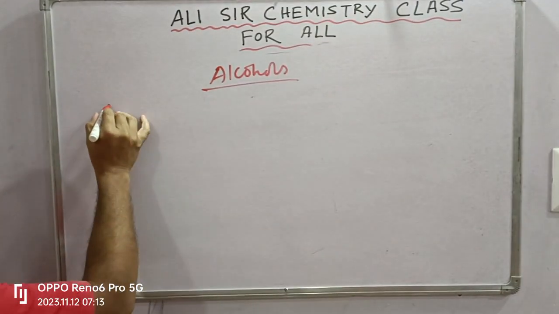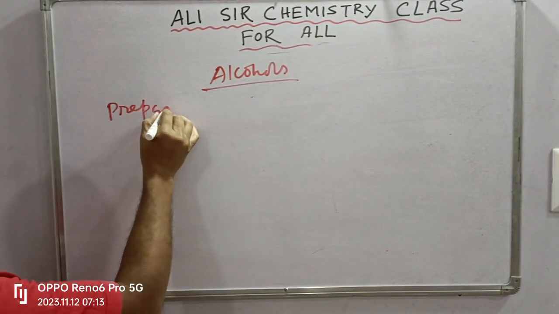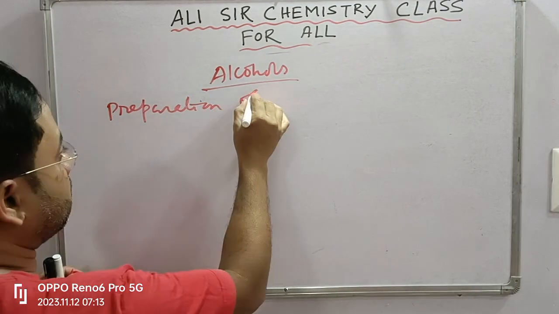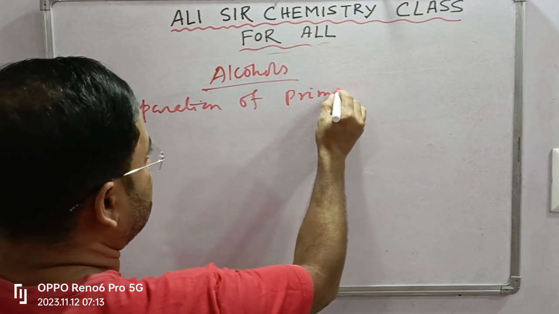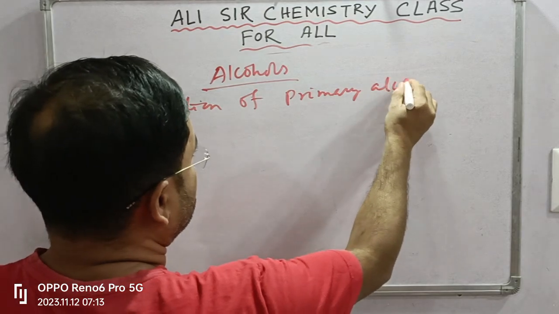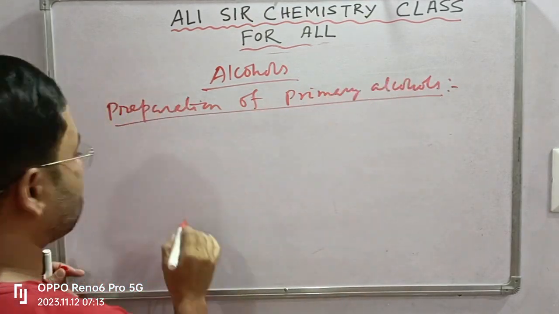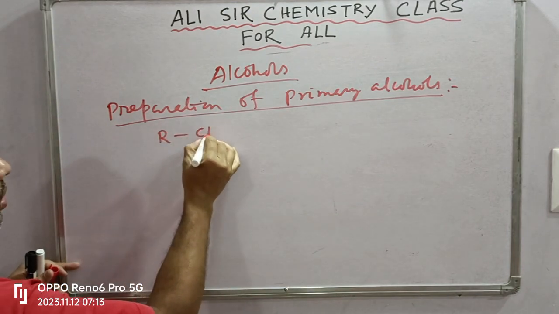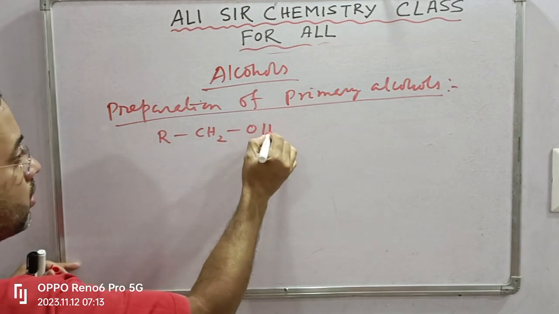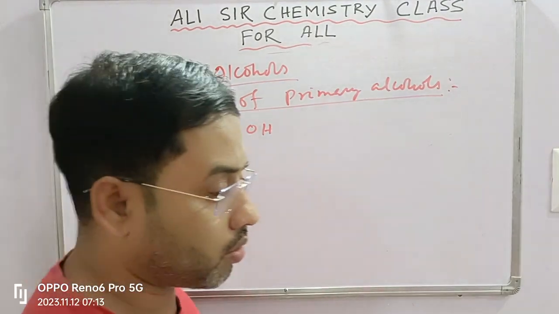The first one, preparations of primary alcohols from Grignard. If you see, the primary alcohol looks like this, RCH2OH. This is the primary alcohol.